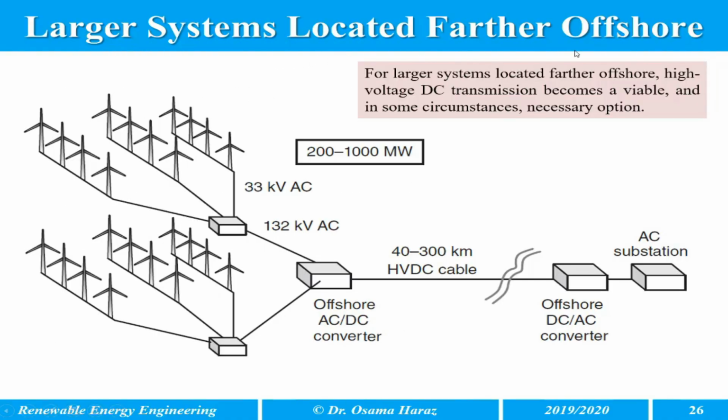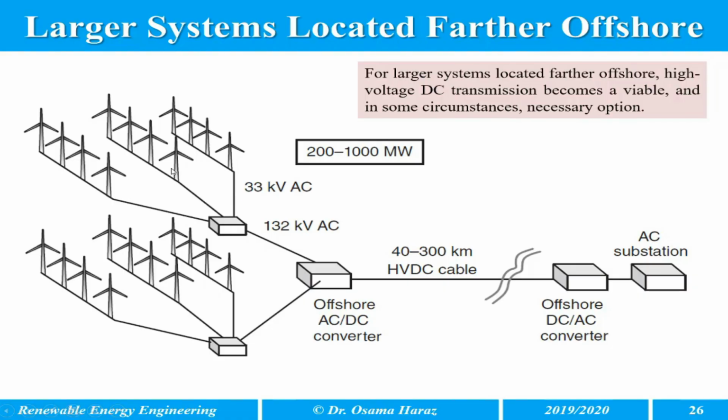For larger systems located farther offshore, for example generating from 200 to 1000 megawatts, high voltage DC transmission becomes a viable and in some circumstances necessary option.